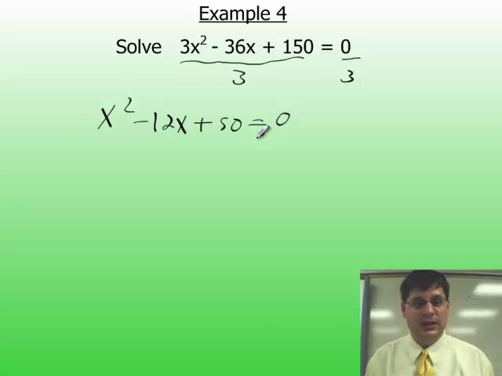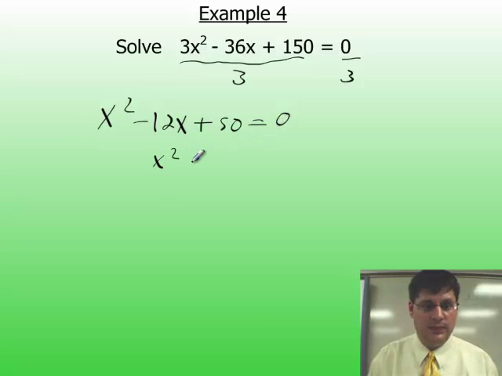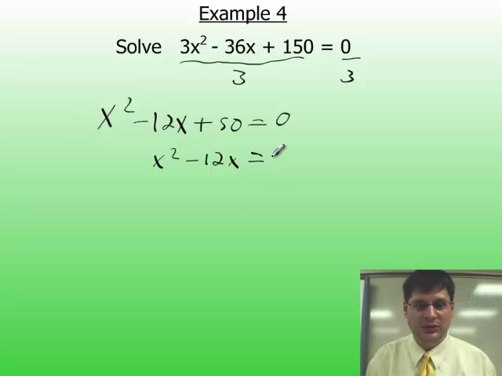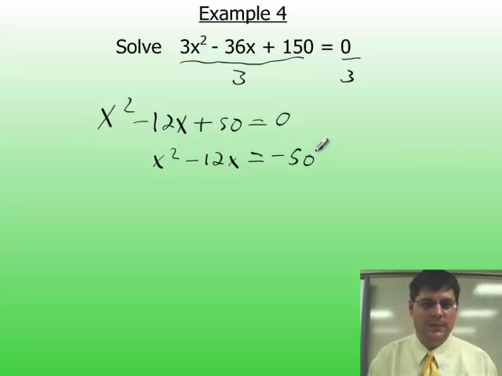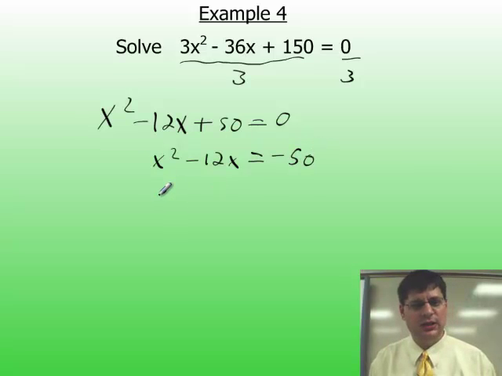Now I'll set this up to complete the square. And I'll ask myself, well, what is my value of c? So 12 divided by 2 is 6, and 6 squared is 36.